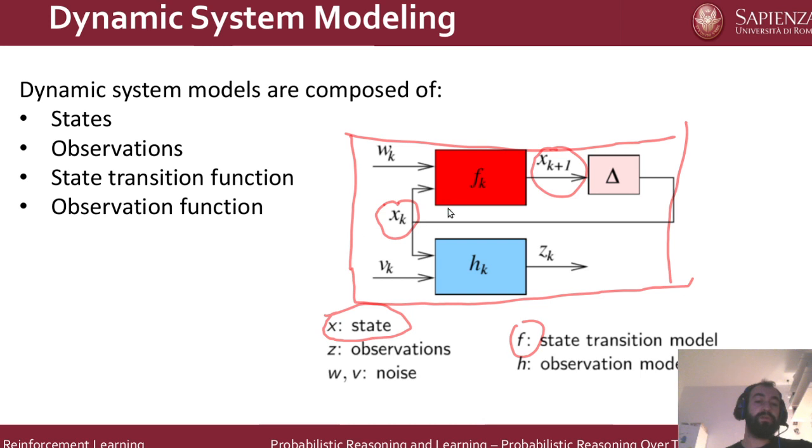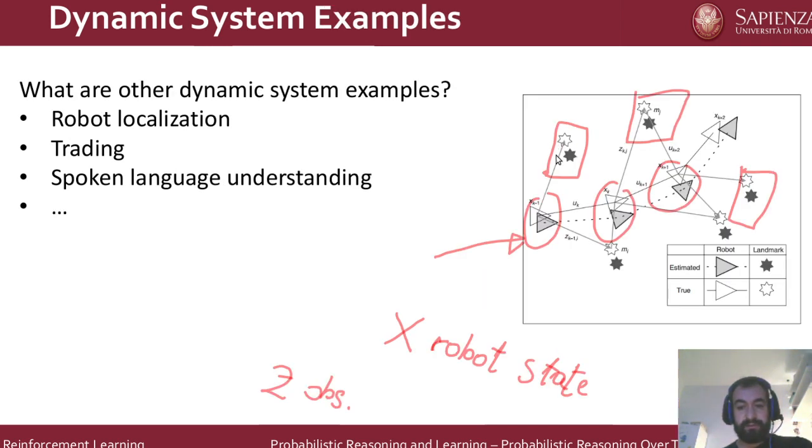In parallel to this loop, we have another loop that takes the current state and feeds it inside an observation function. From this observation function, we get our new observation. So going back to the robot example, all of these are the observations. All of these are the observations. These are the states.